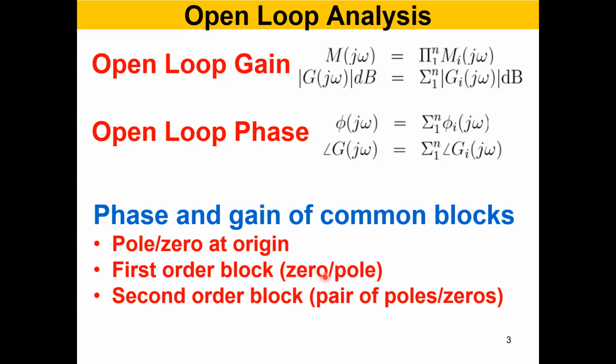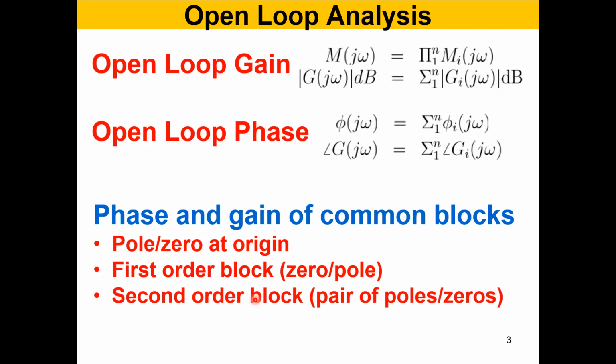But in addition, you can have another elementary block, that is a second order block. Remember, S square plus 2 zeta omega n S plus omega n square. That kind of second order block, if it is in the numerator, it's a pair of zeros, conjugate, right? If you get the second order block in the denominator, it is a conjugate pair of poles.